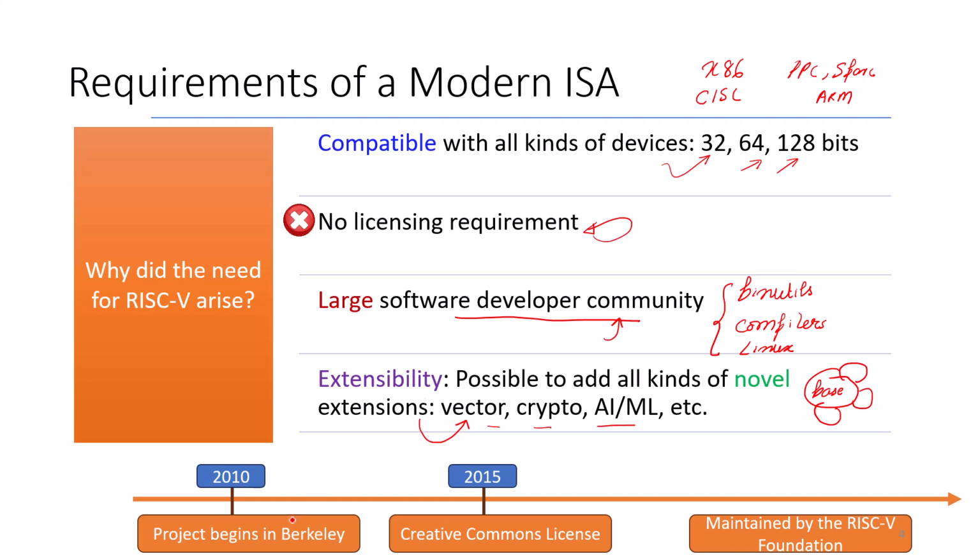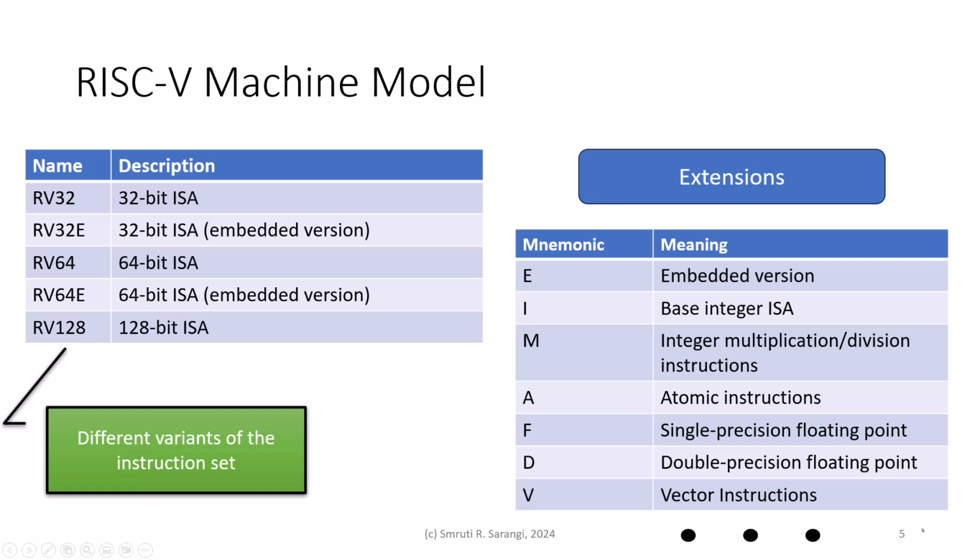So Berkeley tried to seed that ecosystem in 2010 by creating this effort. And in 2015, all the documents were released under the Creative Commons license, which is a reasonably permissive license. And now RISC-V is maintained by the RISC-V Foundation, which essentially encourages open source hardware and software development based on RISC-V. Let us now look at the RISC-V machine model.